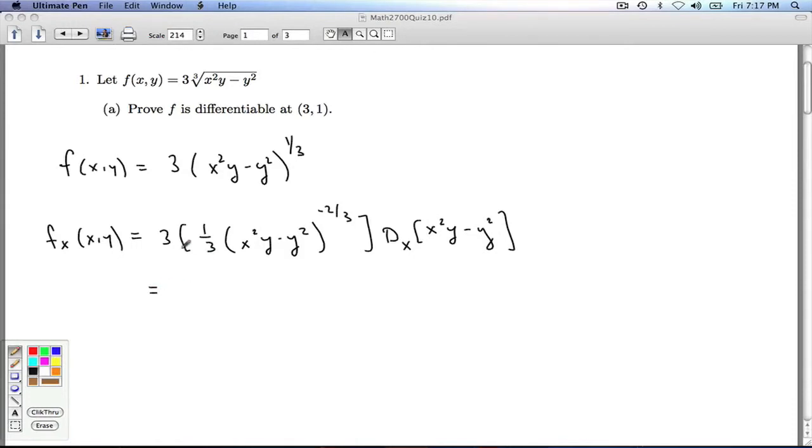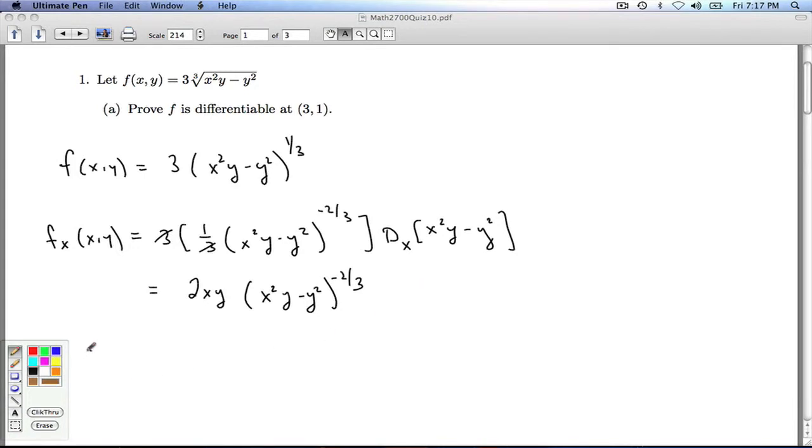I do some simplification. The 3 and the 1/3 kill each other off. The derivative with respect to x of the inside is going to be 2xy. So I get 2xy times this quantity to the minus 2/3.